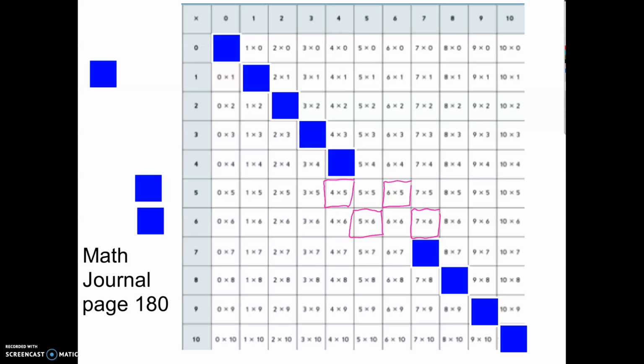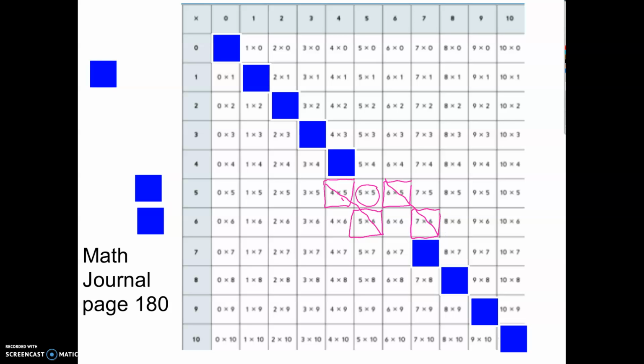What do you notice about the facts near the square problems? Well, they would also form a diagonal line. So the near facts, the near squares, we're going to call these near squares because they are near the square problem. So the near squares can also create diagonal lines.